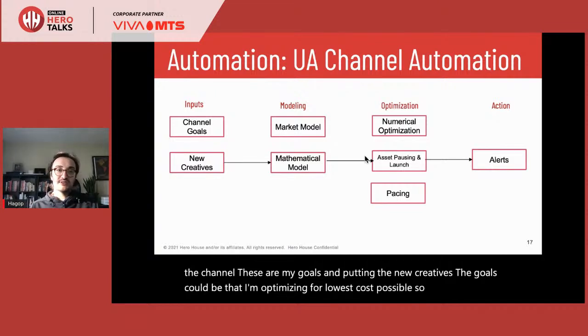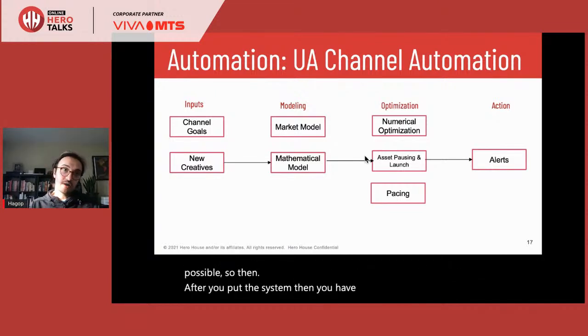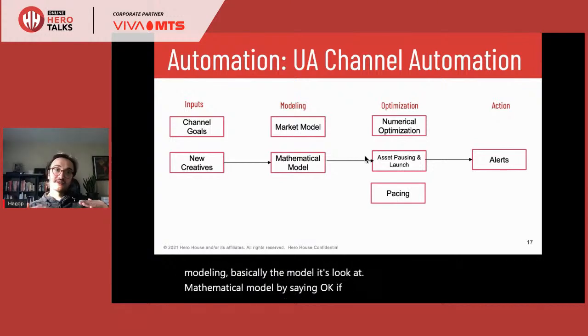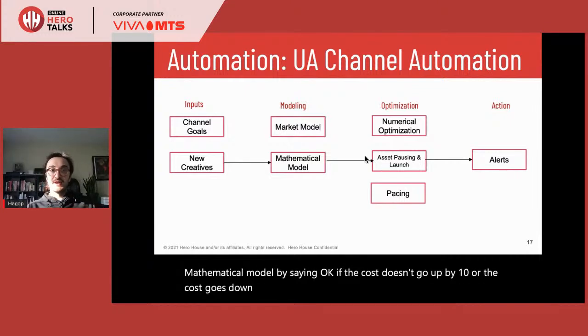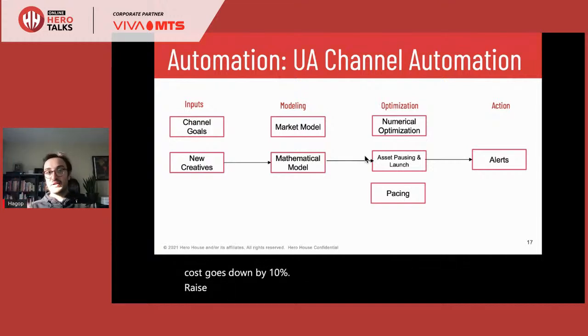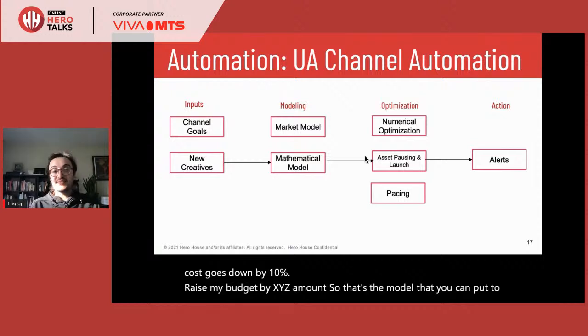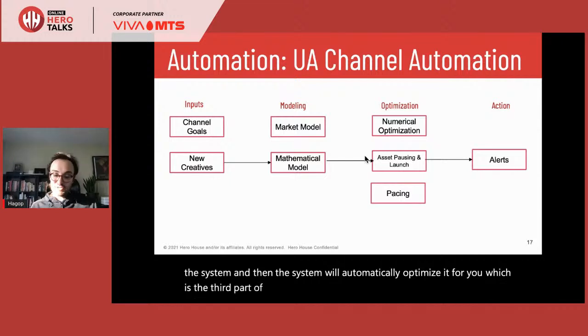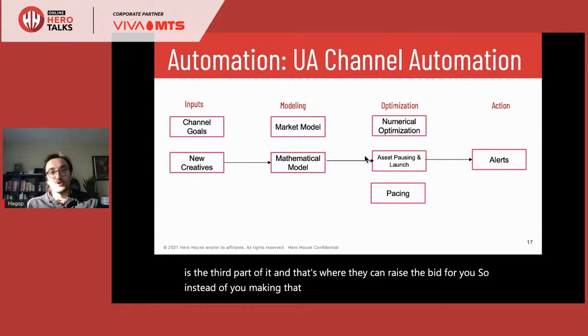Then with the system, you could create a mathematical model by saying, okay, if the cost goes down by 10%, raise my budget by XYZ amount. That's the model you put into the system, and then the system will automatically optimize for you, which is the third part of it. That's where it can raise the bid for you. So instead of you making that action, the system will do it for you.